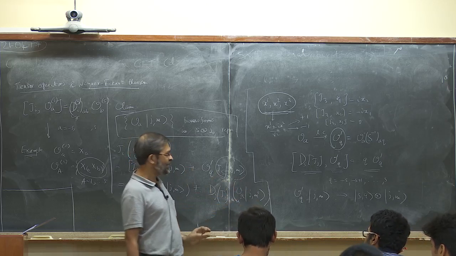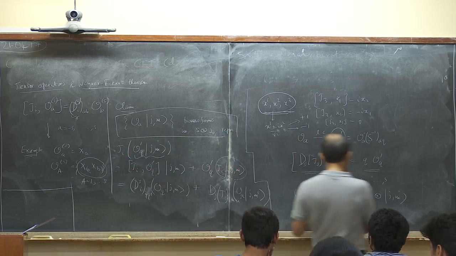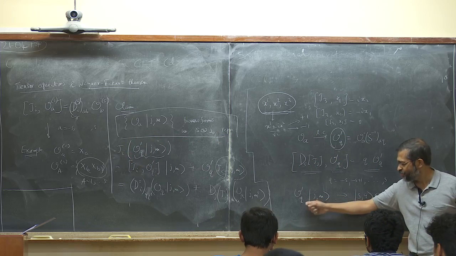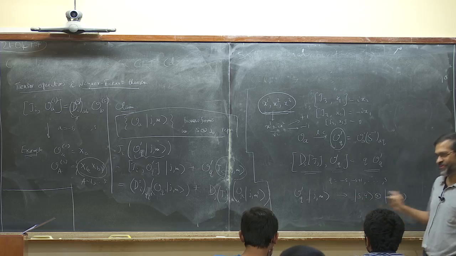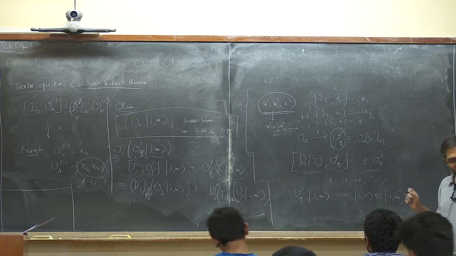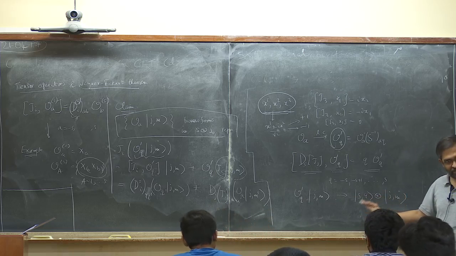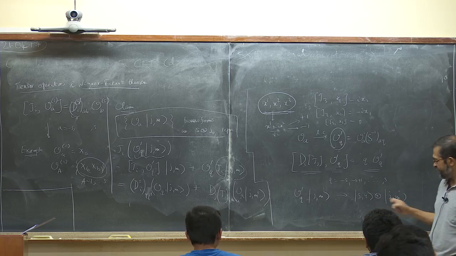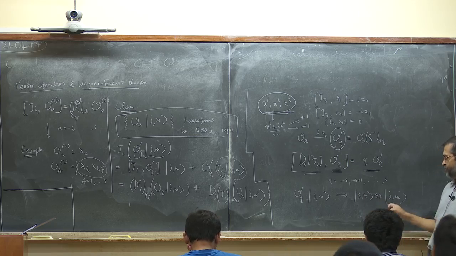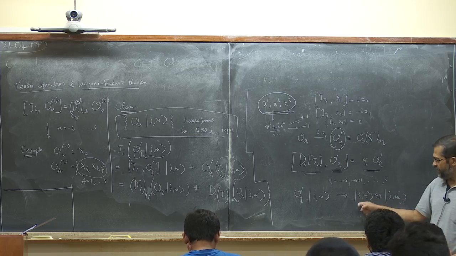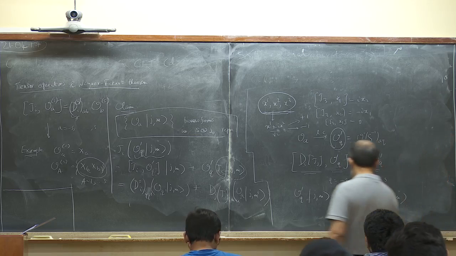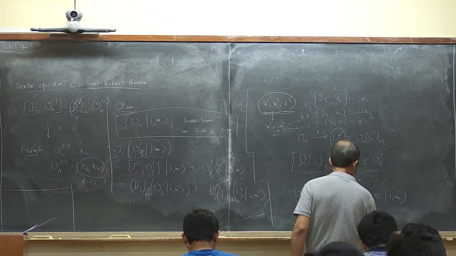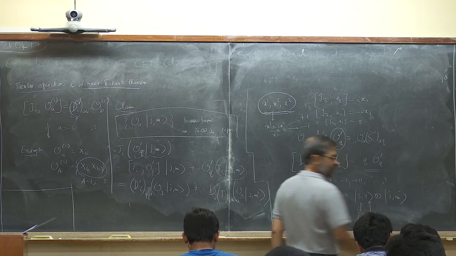But I couldn't make the statement that I am going to make now, that O_Q acting on |J, m> behaves, in terms of representation theory, and that's the content of the Wigner-Eckart theorem as we will find, like a tensor product state |S, Q> with |J, m>. So this means J equal to S and this is M equal to Q.